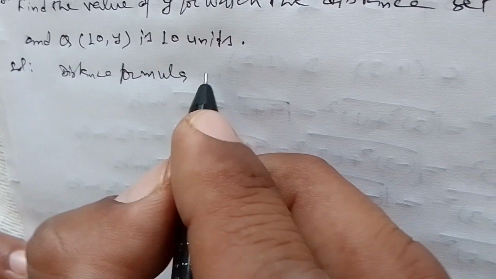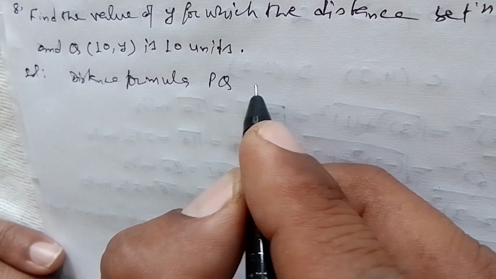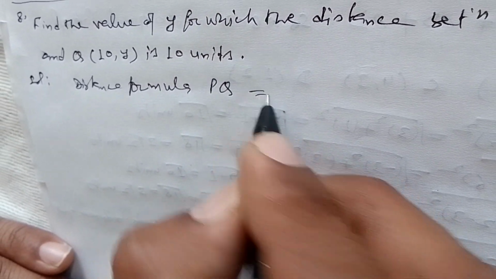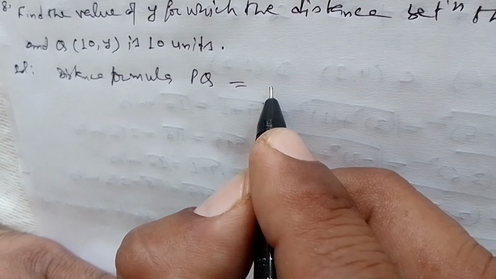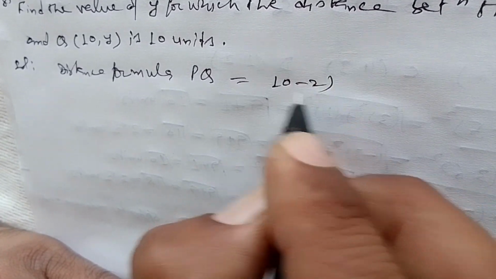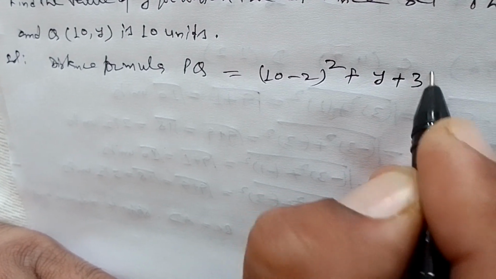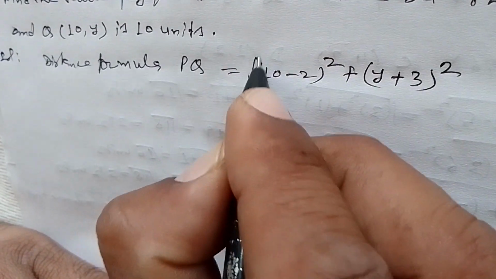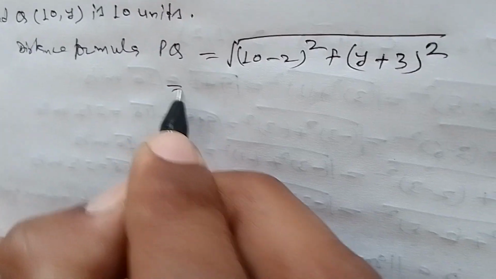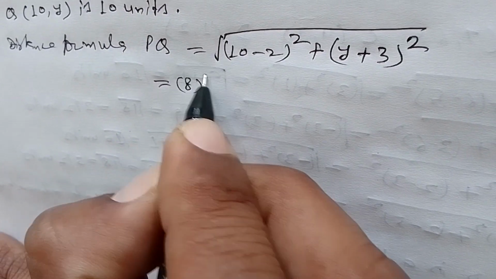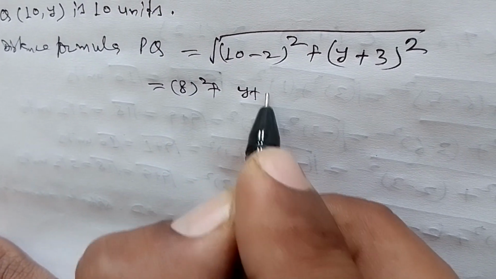PQ will come out to be the square root of (10 − 2)² + (y + 3)². It comes out to be the square root of 8² + (y + 3)².